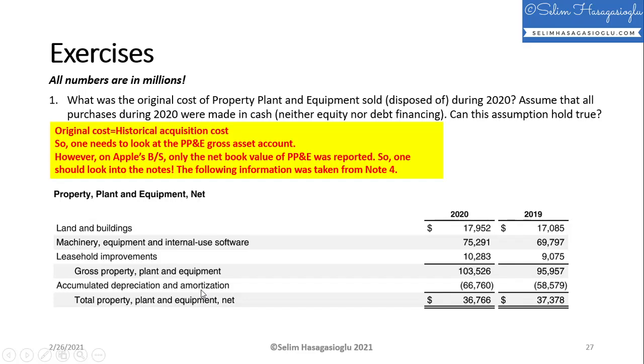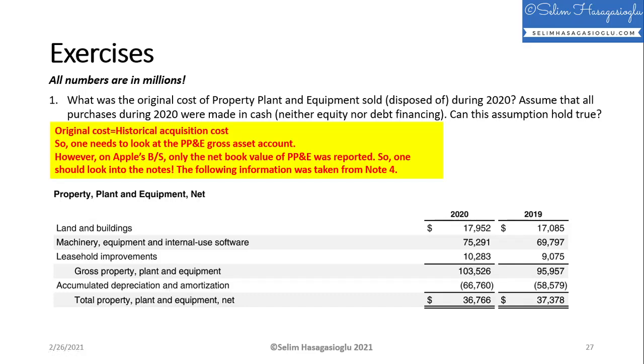Actually, to be practical in here, we are assuming that amortization is so little a number, not material, and so what I see here as accumulated depreciation and amortization is mainly accumulated depreciation, because amortization is a little bit different.